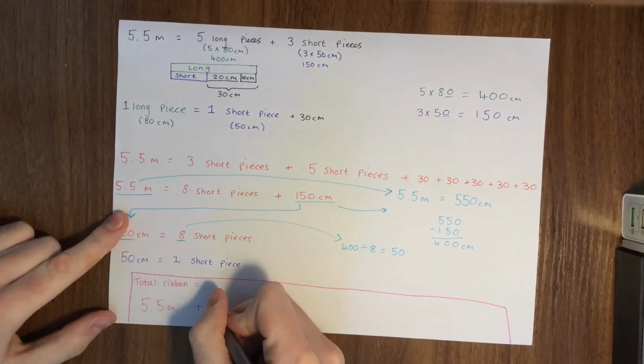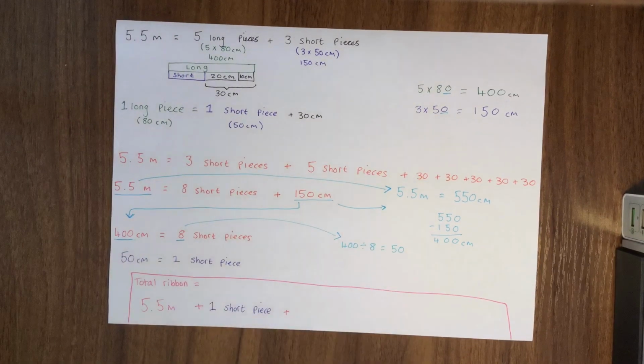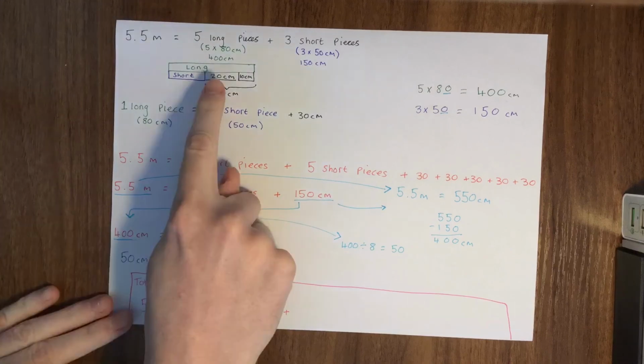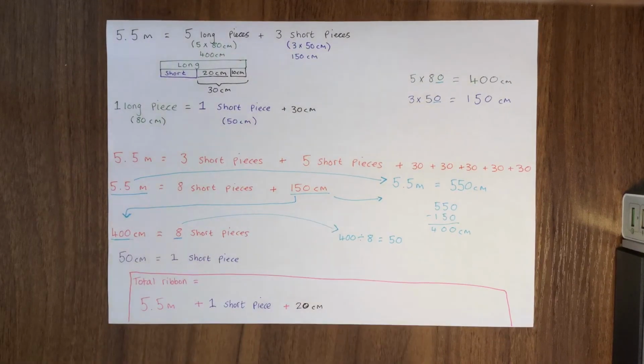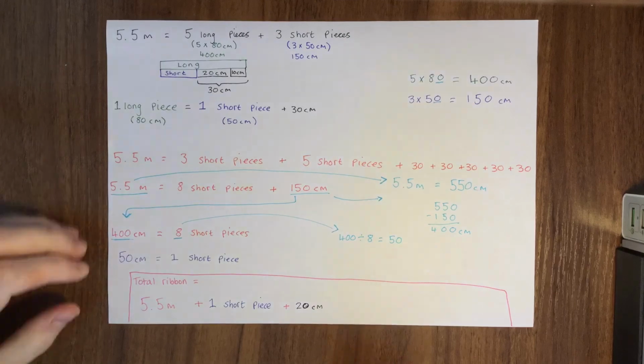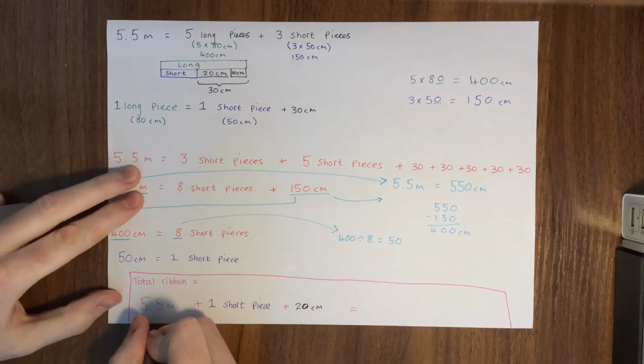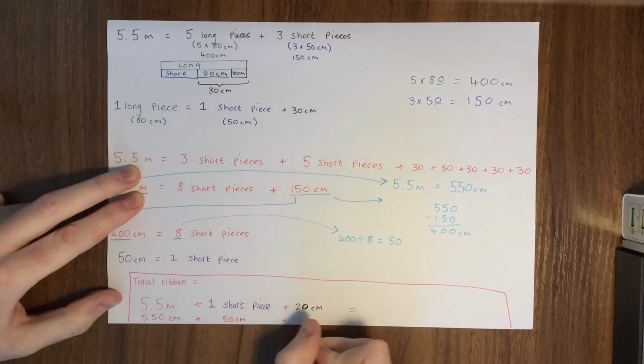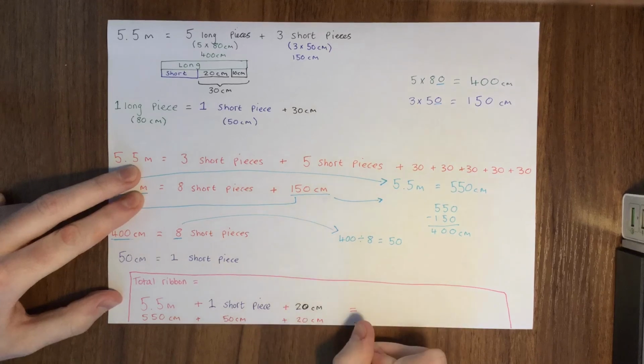She made another short piece with 20 centimetres of ribbon left over. So to my final amount then, I need to make sure that I add on another short piece, which is 50 centimetres, and then I need to add on another 20 centimetres.